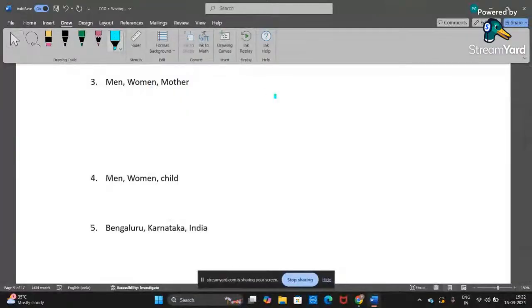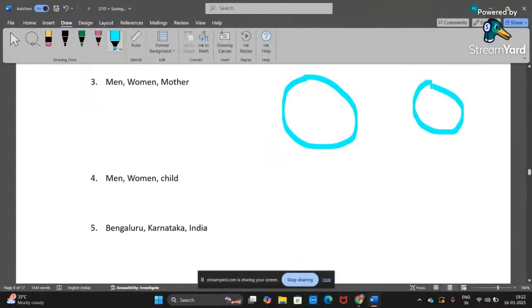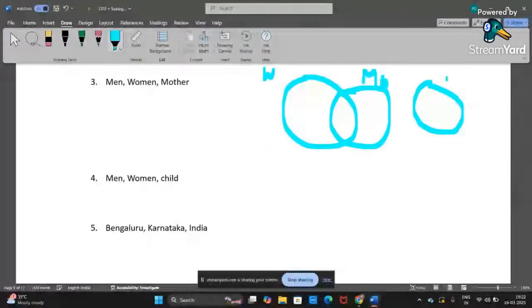Women and mother. This is women and men, right? Among women, a few can be mothers. So this is W, this is M, that means mother, and this is man.